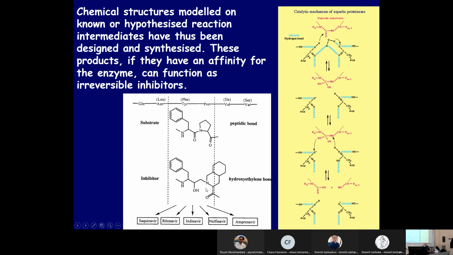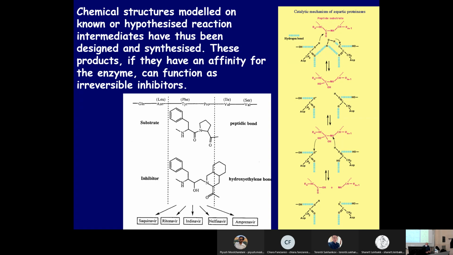Here you can see the scientists designed this particular hydroxyethylene bond in which you can see a nitrogen atom here, the alcoholic group here, another nitrogen atom here, and this particular structure represents the pharmacophore of several inhibitors of this class of enzymes, proteases: saquinavir, ritonavir, indinavir, and so on.